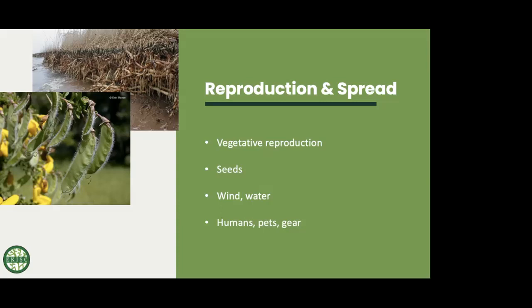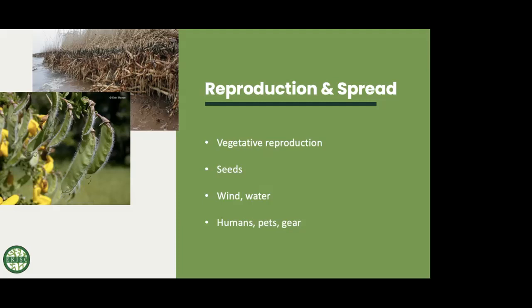You might have used it if you have ever broken off a little piece of a succulent and planted it and created a new plant, or broken off a piece of your house plant and put it in water for a while until its roots grow, propagated a plant. That's vegetative reproduction.